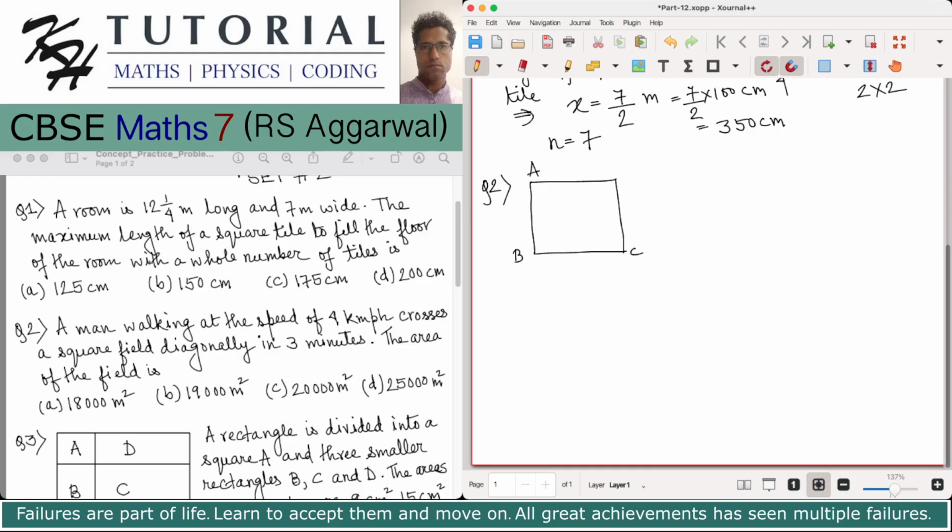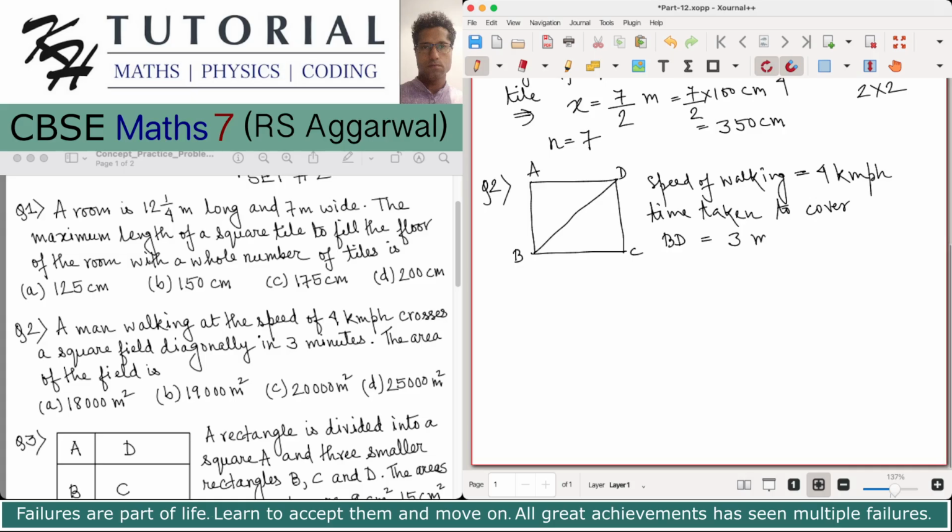So let's say BD is the diagonal, and the speed of walking is given to be equal to 4 kilometer per hour, and the time taken to cover BD, that is the diagonal of the square field, is given to be 3 minutes, which is equal to 3 by 60 hour.